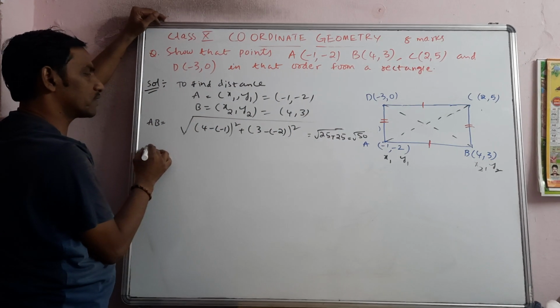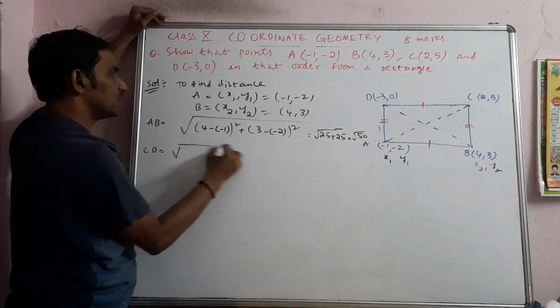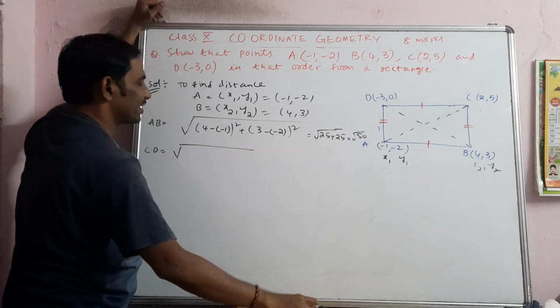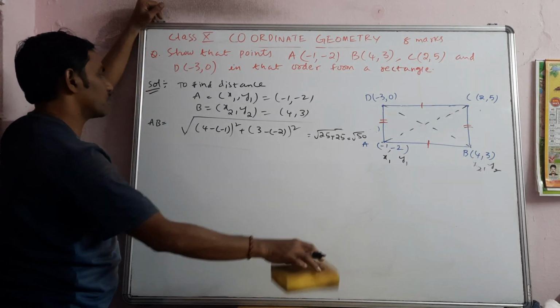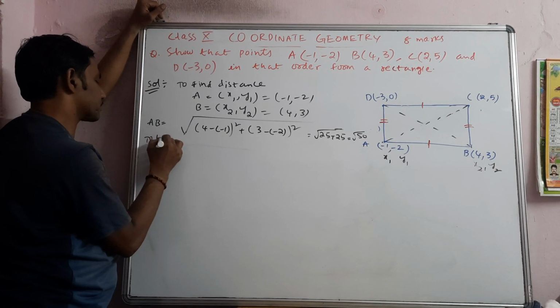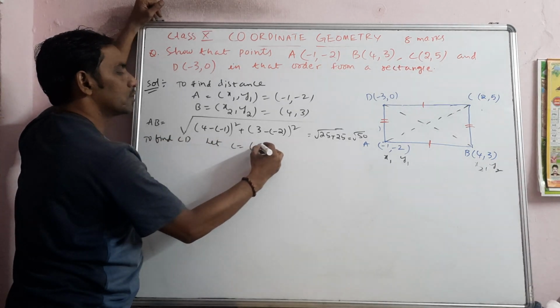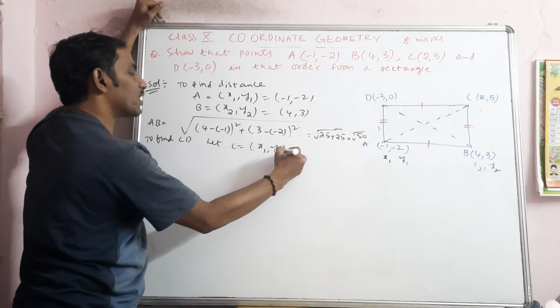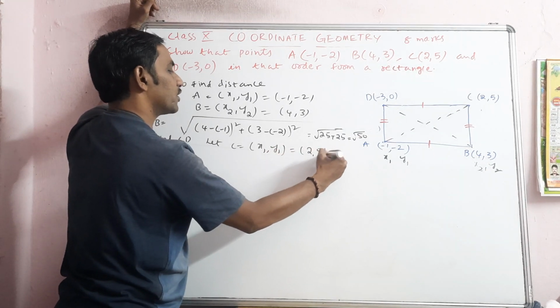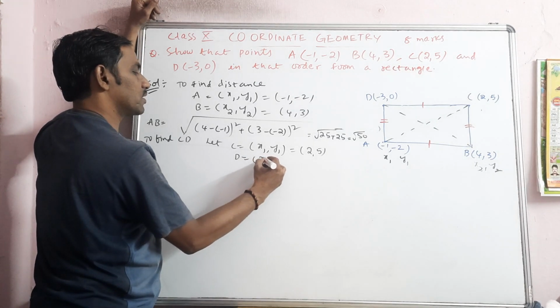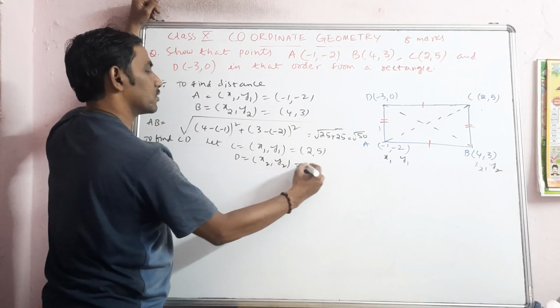Now we will find the CD distance. Similarly, like how I took before, let C be x1 comma y1 and D be x2 comma y2, which is minus 3 comma 0.